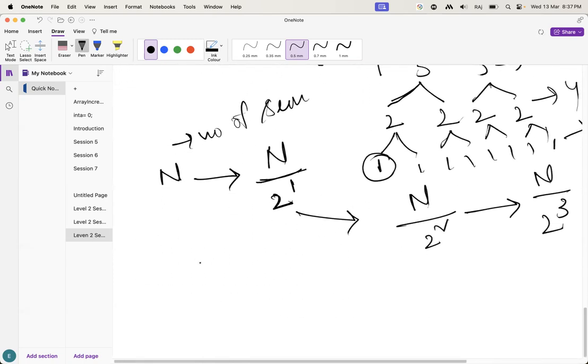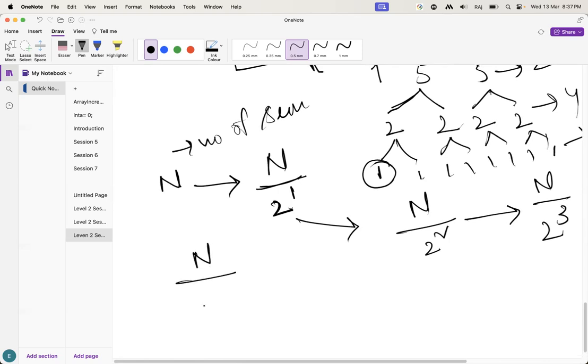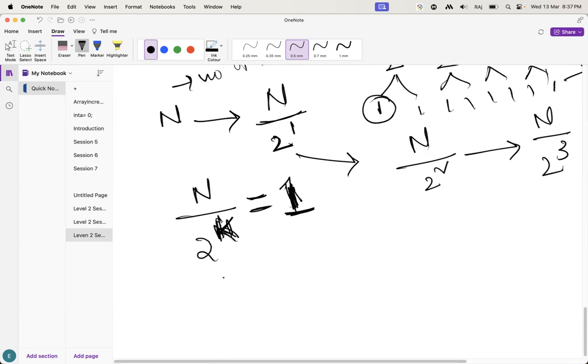What will happen, guys? At one time, after several steps, the element is going to be only one. Let's suppose after k steps, it is going to be only one. The values in the final subarray will be 1. Understand, guys? So now n equal to 2 power k. Guys, what is this k value?